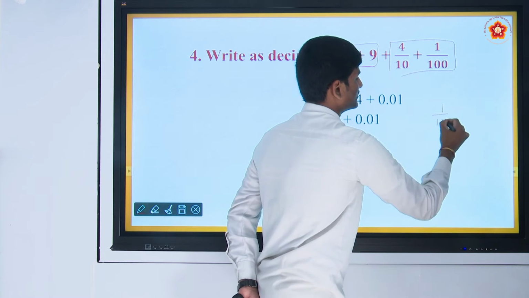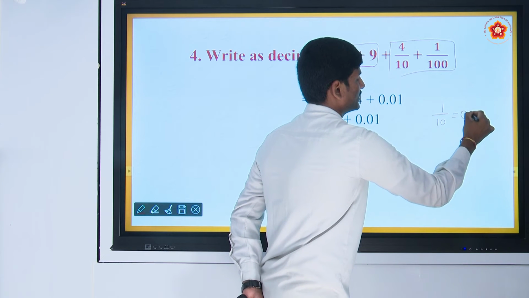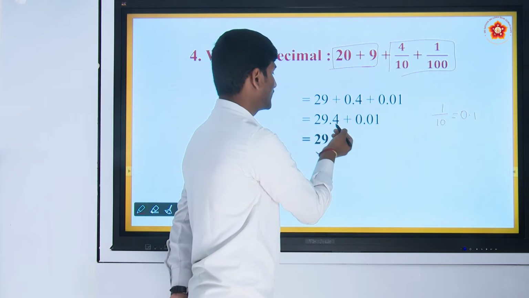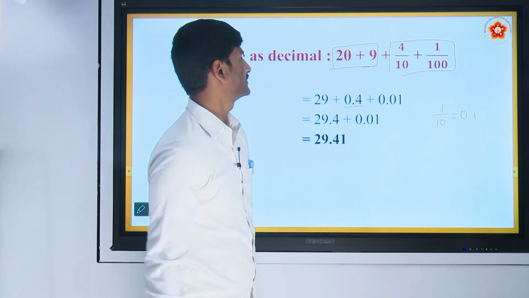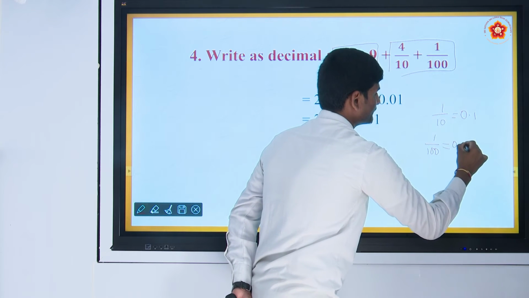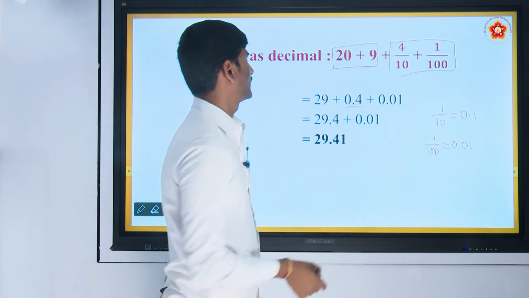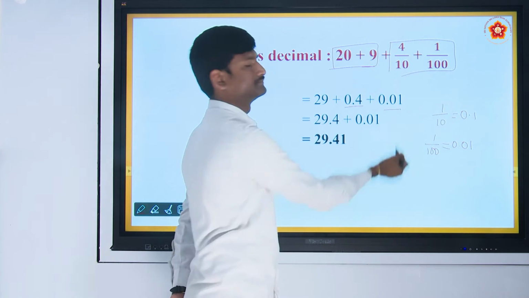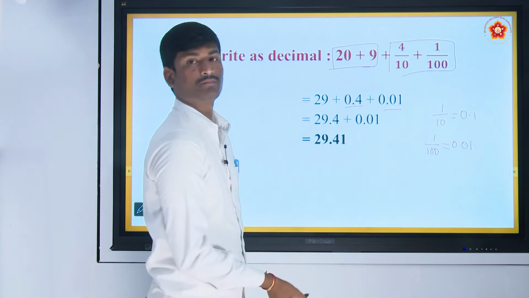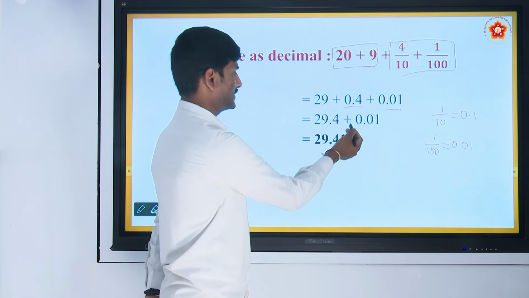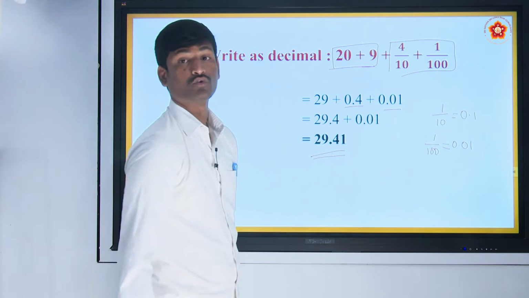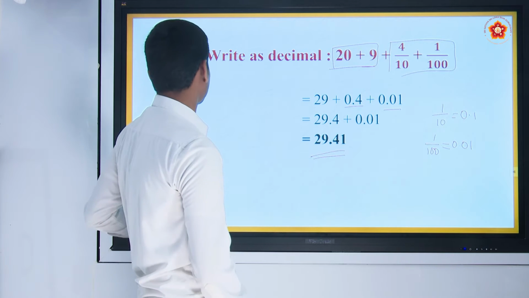We know 1 by 10 in decimal is 0.1, so 4 by 10 means 0.4. Then 1 by 100 is 0.01. Then 29 plus 0.4 means 29.4, plus 0.01. The final answer we get is 29.41.